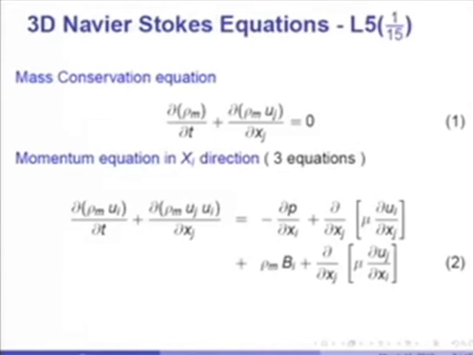Recall that our 3D Navier-Stokes equations were written in this manner: d rho m by dt plus d rho m u j by dx j equal to 0, and then there were three momentum equations, one each in direction x1, x2 and x3, and it comprised of the unsteady term, the convection term, the pressure gradient term, the diffusion term, the body force term, and this is the second part of the stress term that gives rise to d by dxj of mu duj by dxi.